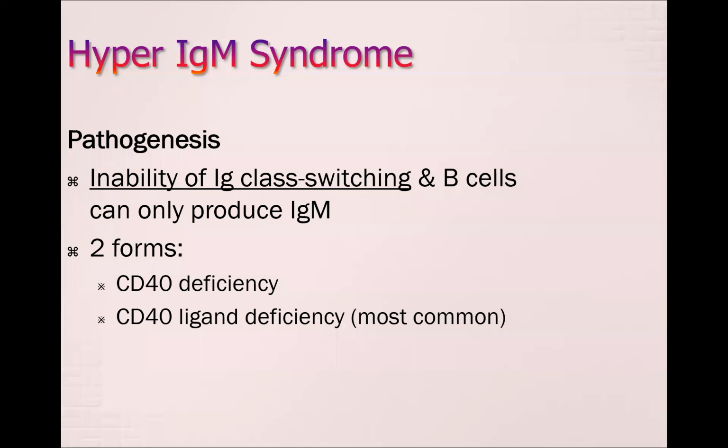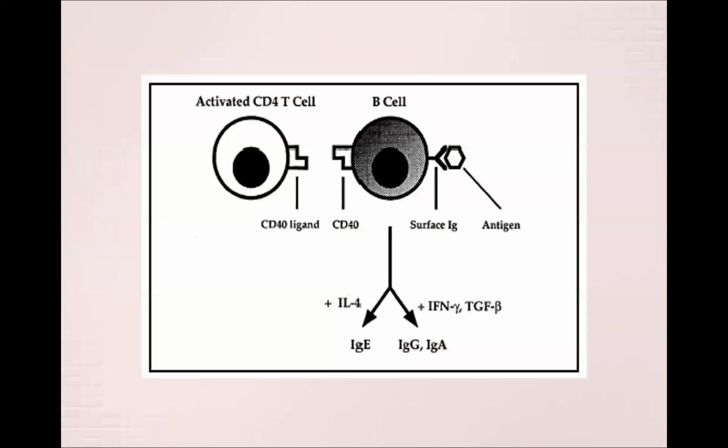So the two deficiencies can be either in CD40 or CD40 ligand, which are those lock and keys. Here, you will see the B cell and the activated CD4 cell. CD40 and CD40 ligand come together after the antigen has matched to the surface immunoglobulin through the mechanisms of the different biomarkers that you can see here. That then results in class switching from IgM to other types of immunoglobulins.